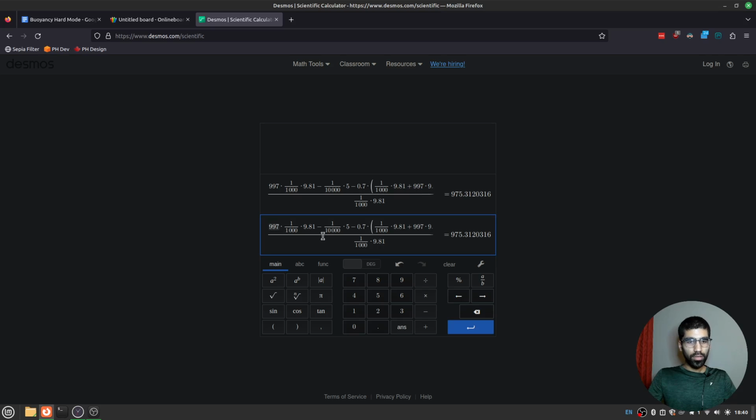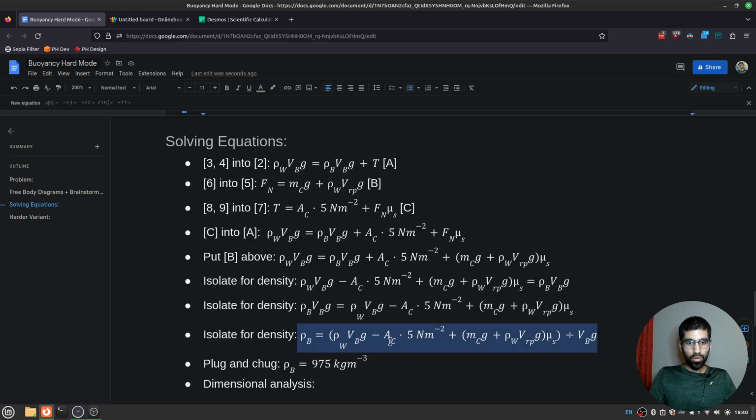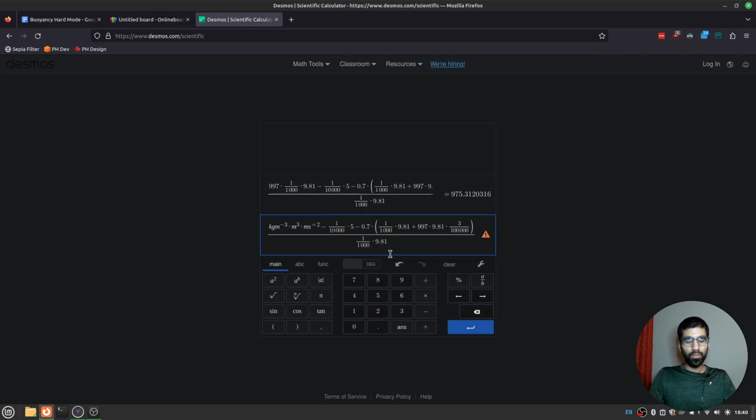So this was kilograms per cubic meter as a density. This was cubic meters, and this was acceleration, so that's meters per second squared. Alright, let me just make sure that's a volume. Yep, we have square meters over here and newtons per square meter over there. So square meters and newtons per square meter.